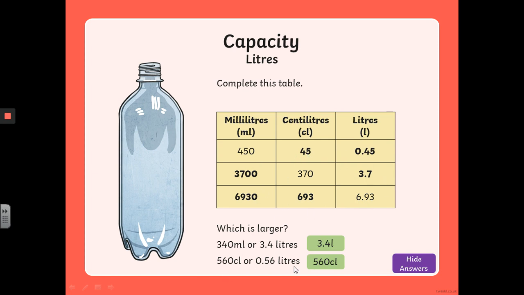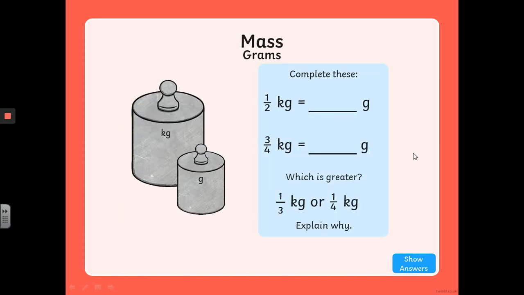This is larger or this is larger? Children, you need to know where you have to multiply and where you have to divide to get your correct answers. If you've got this right, let me know. And if anybody has not got it right, they also need to let me know so that I tell you what your next steps will be. All right, now let's go on to the next slide.